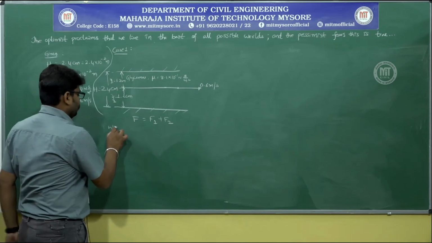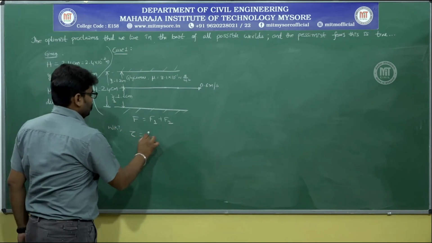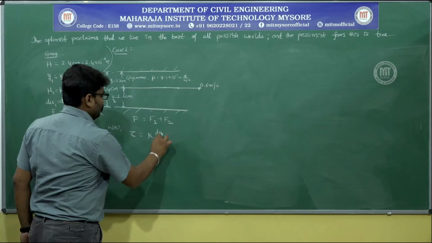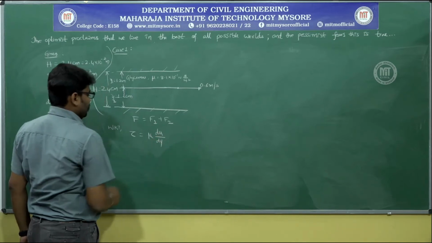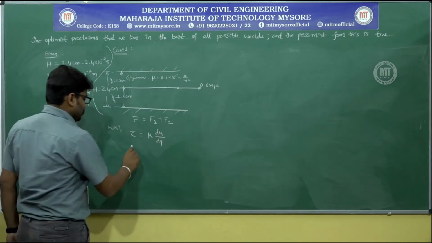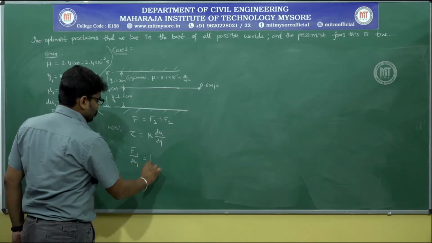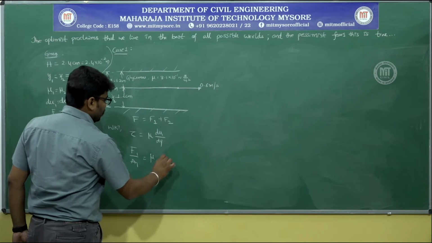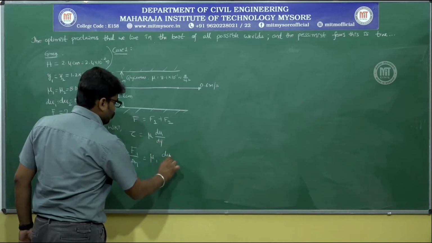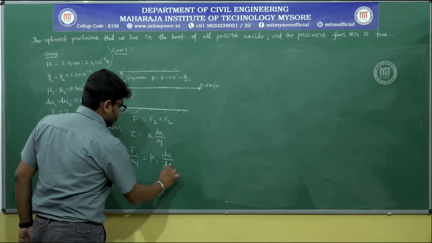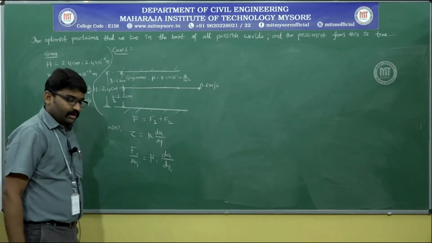We know that tau is equal to mu into du by dy. I will have to take this as F1 by A1 is equal to mu1 into du1 divided by dy1.